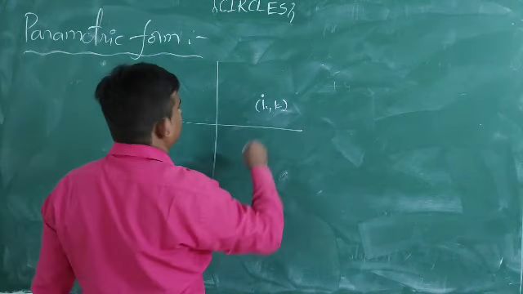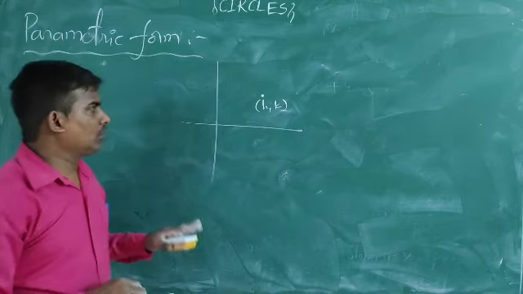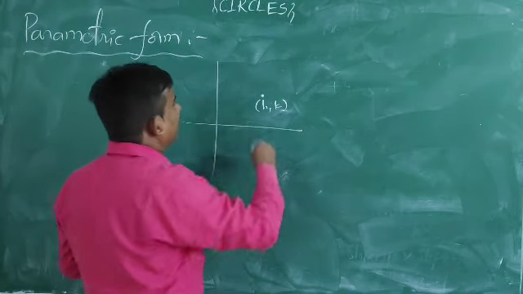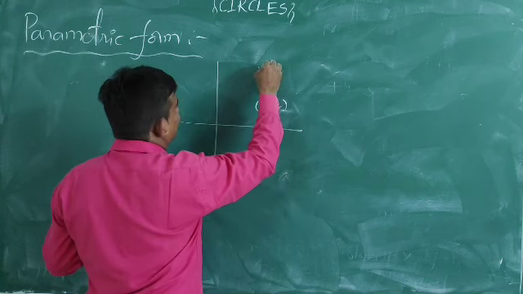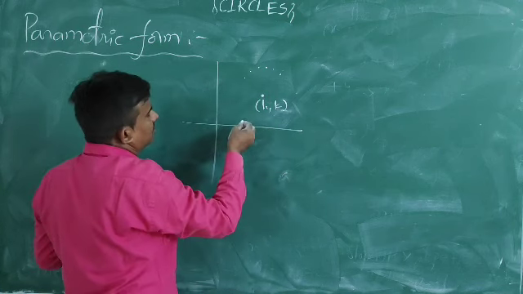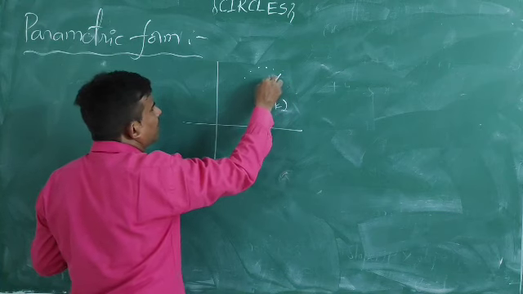This point is always a fixed point for a circle, and all the remaining points are at a constant, fixed distance. Suppose you take a point at length r units.